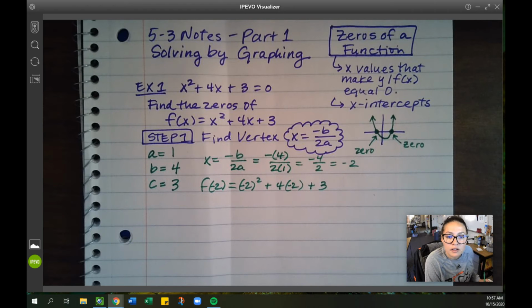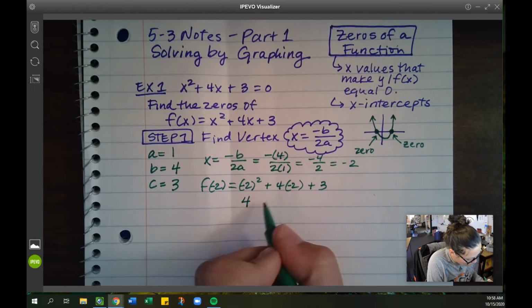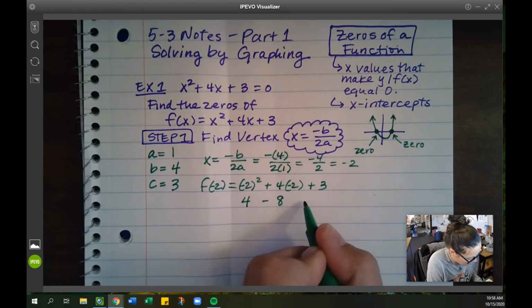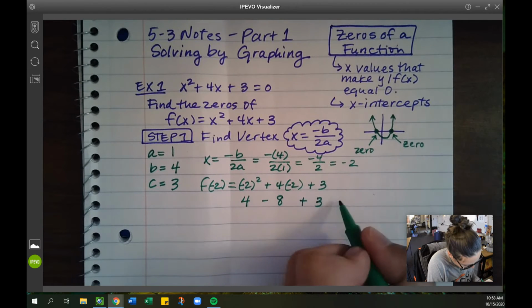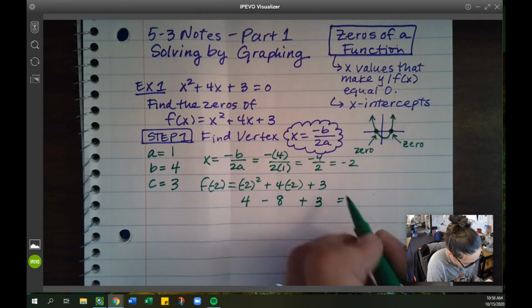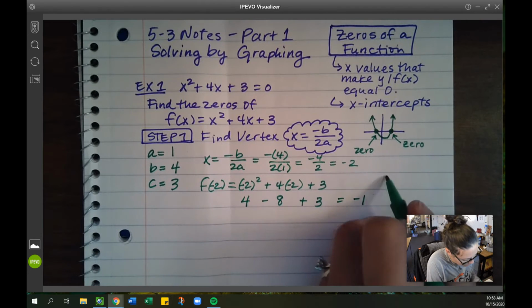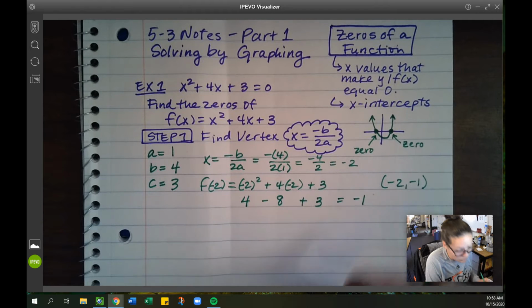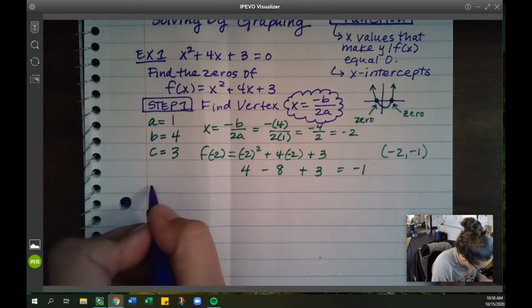So negative 2 squared is 4. 4 times negative 2 is a negative 8 plus 3. 4 minus 8 plus 3 is negative 1. So that means my vertex is negative 2, negative 1. So I did step 1. I found the vertex.